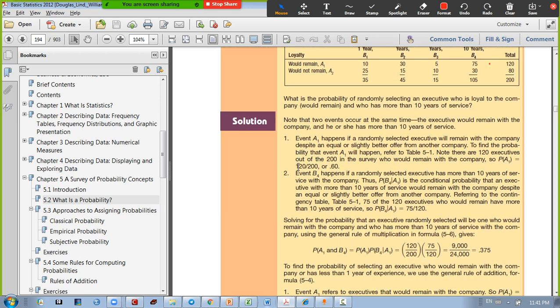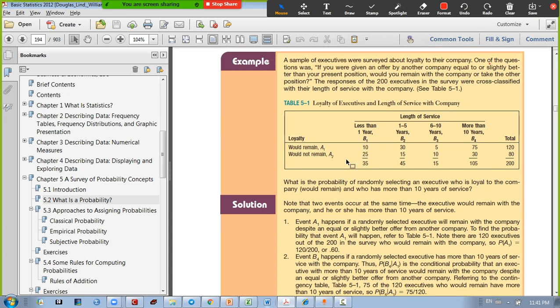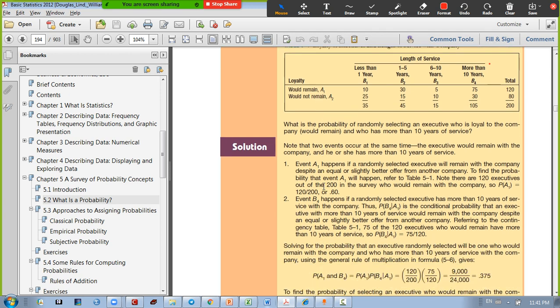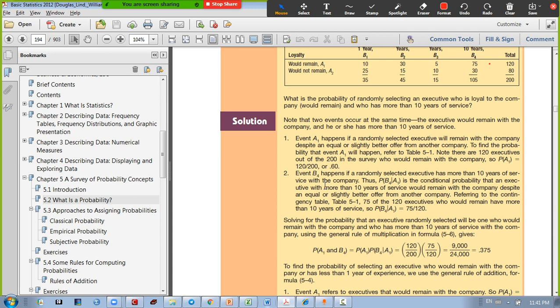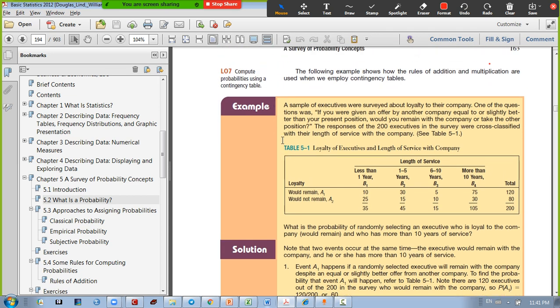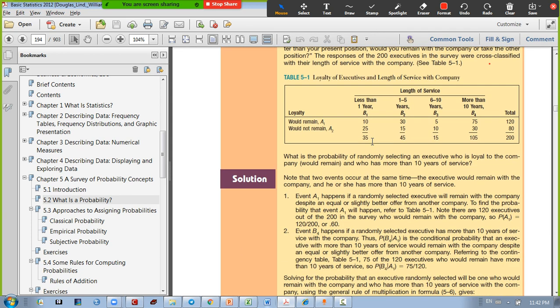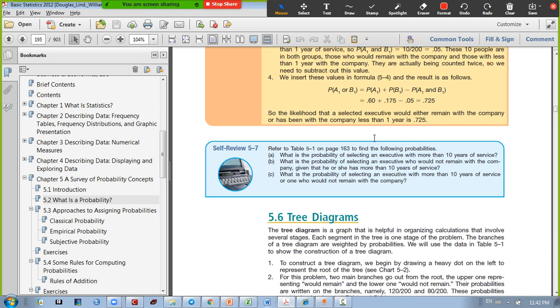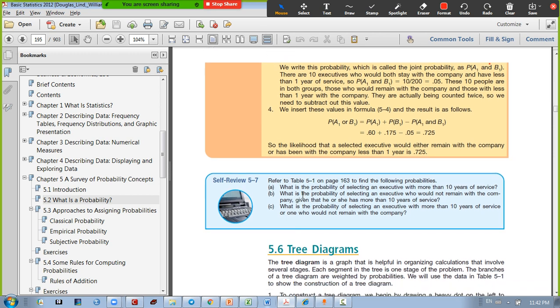But if you are not sure about my explanation, because this is too long, see, it's long, but my slide is short. If you are not clear about question number 1, you can see the example on page 163. This is for question number 1, not question number 2. Okay, Self Review 5.7, this page 163 and 164. So you can do this one.